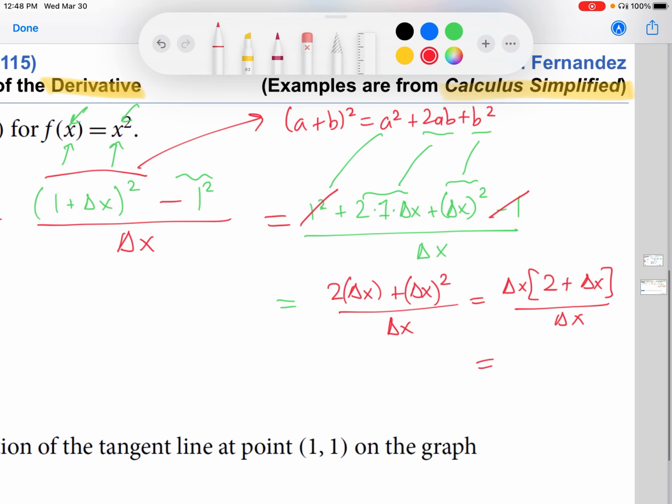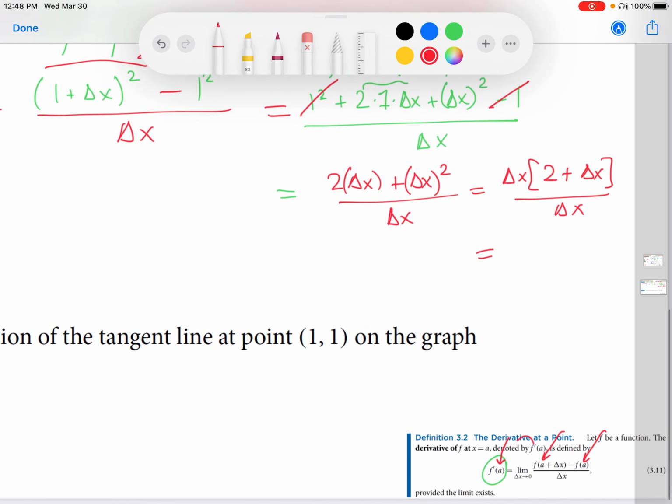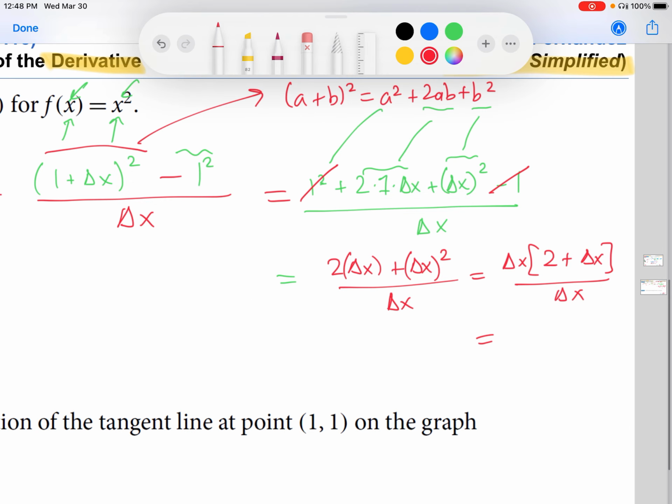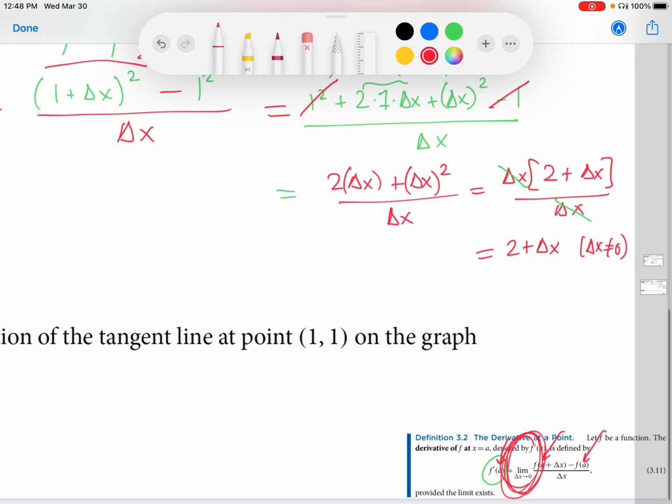And as we've said before in previous videos in this series, I am going to be calculating a limit. There it is down there. So I'm just going to cancel out these delta x's. And I'm going to write equals 2 plus delta x, understanding that this equality is only true when delta x is not equal to 0, which is indeed what's happening, because remember the limit approaches indefinitely, never arrives.